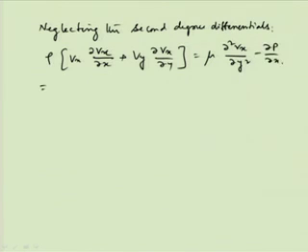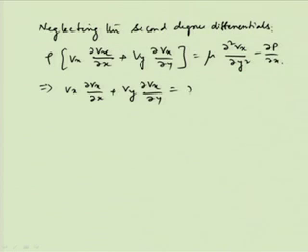So, this implies that Vx into del Vx by del x plus Vy into del Vx by del y is equal to nu into del square Vx by del y square minus 1 by rho into del P by del x.